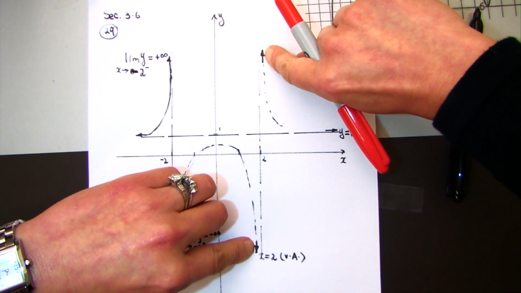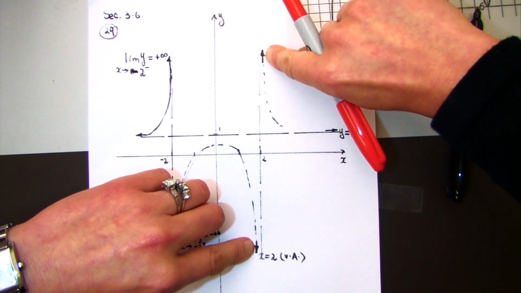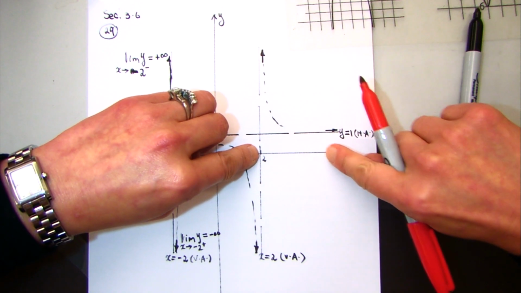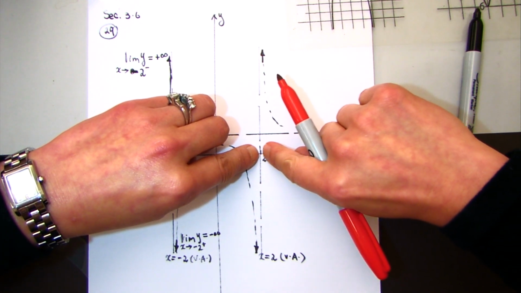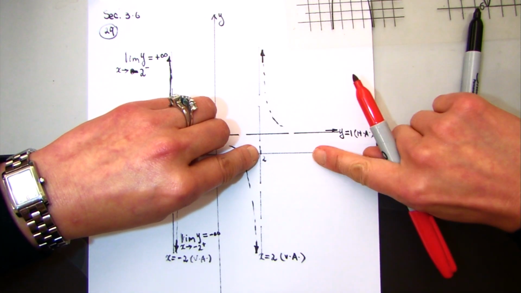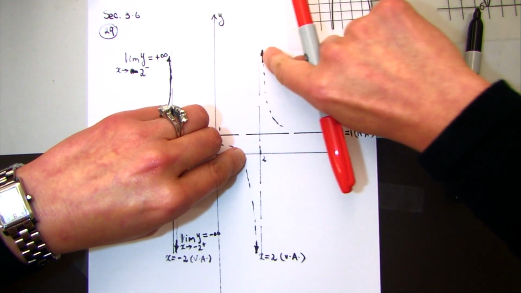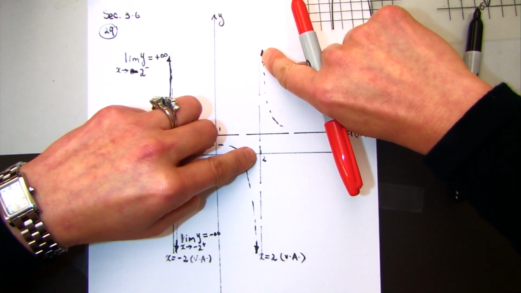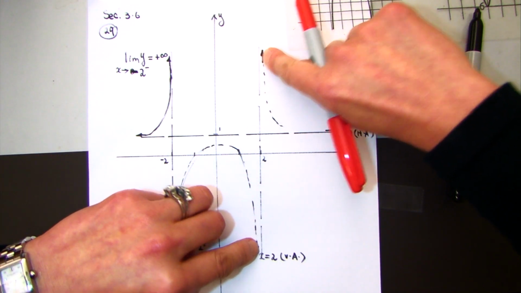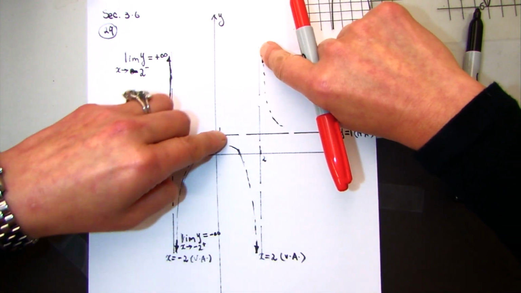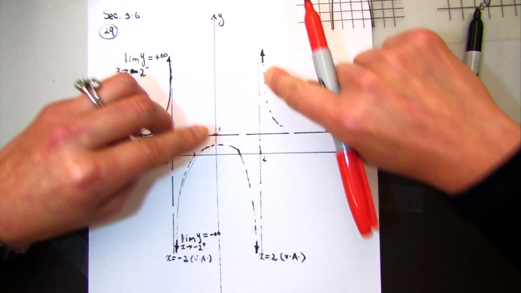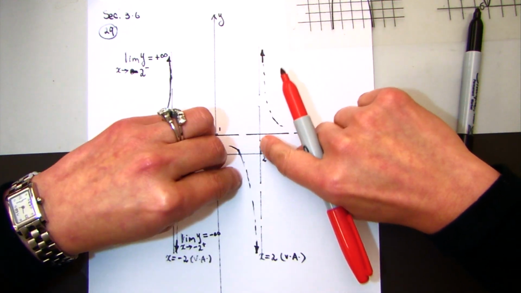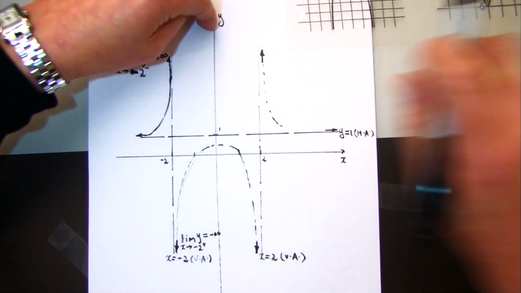What's the difference? For this one, I'm getting close to x equals positive 2 from my right hand, right? What about here? I'm getting close to x equal to 2 from my left hand, right limit, left limit. What number am I getting close to? X equals 2.